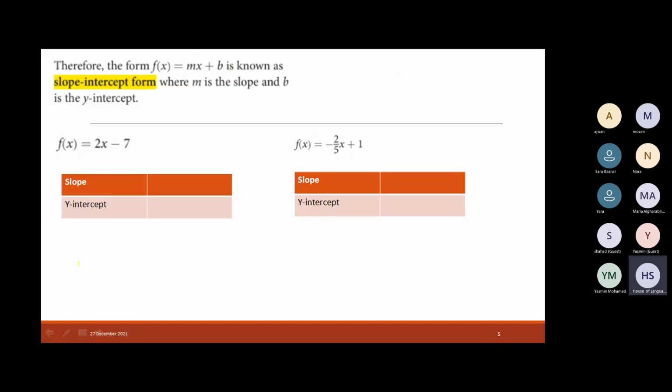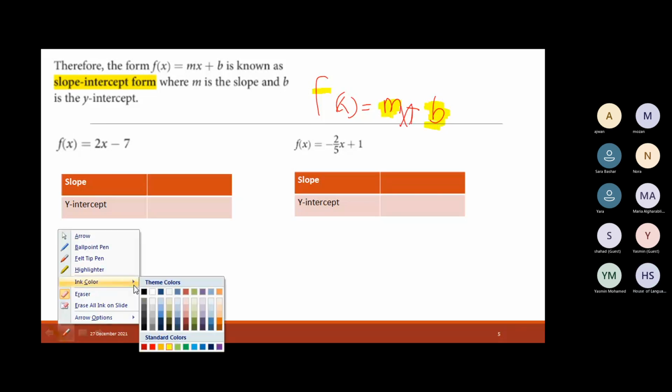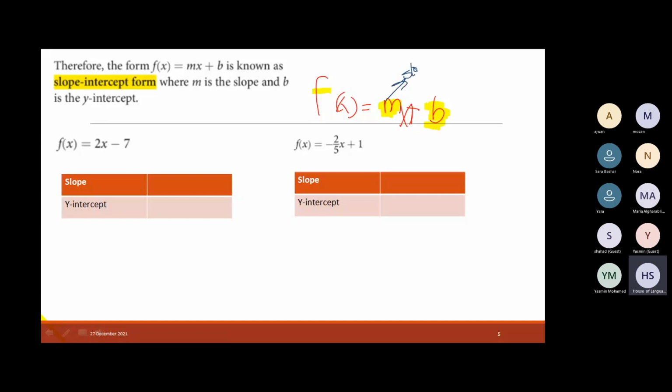M is the slope. This is the slope, and this is the y-intercept.